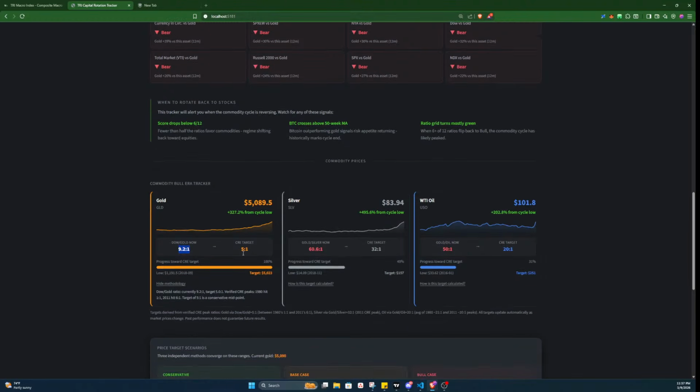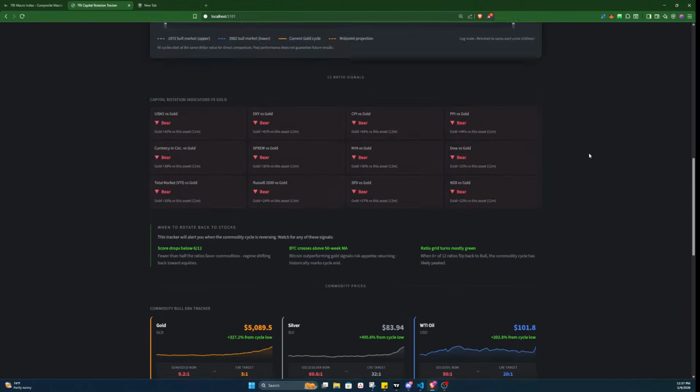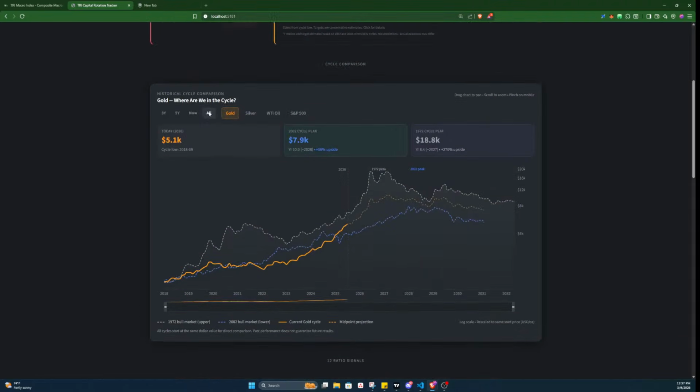These could be overestimated, but I did try to pick the most conservative based on where we ended up before. And if I switch this, so this was all equalized, you have 1972 and 2001, and you can see how we're kind of tracking as a midpoint.